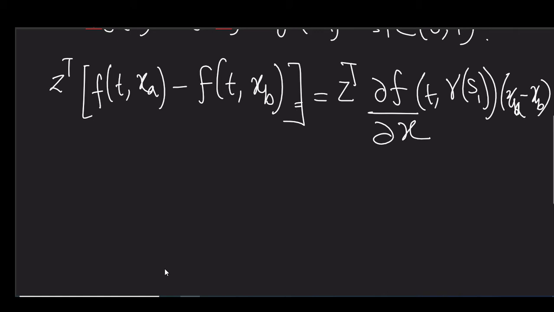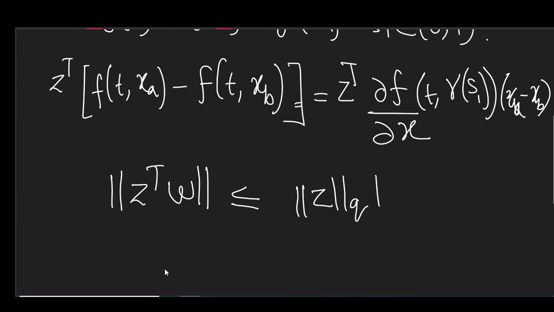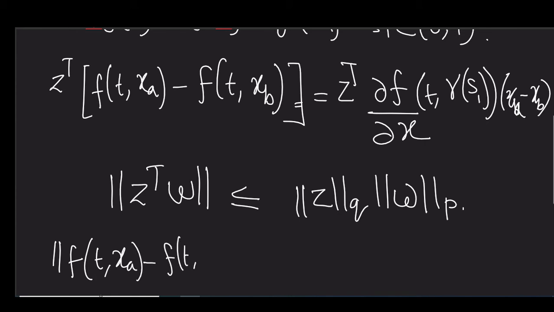So if this is the case, then we would like to exploit Holder's inequality: Z transpose omega is less than or equal to norm Z Q times norm omega P. If we use that, we will get the norm of f of t comma xa minus f of t comma xb, P, less than or equal to, how much?